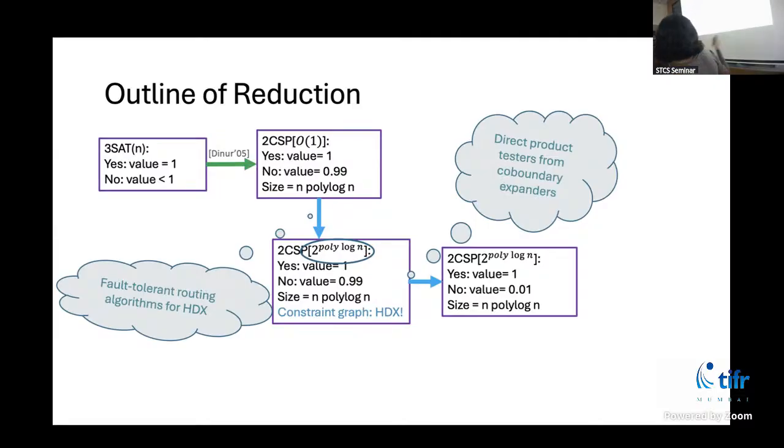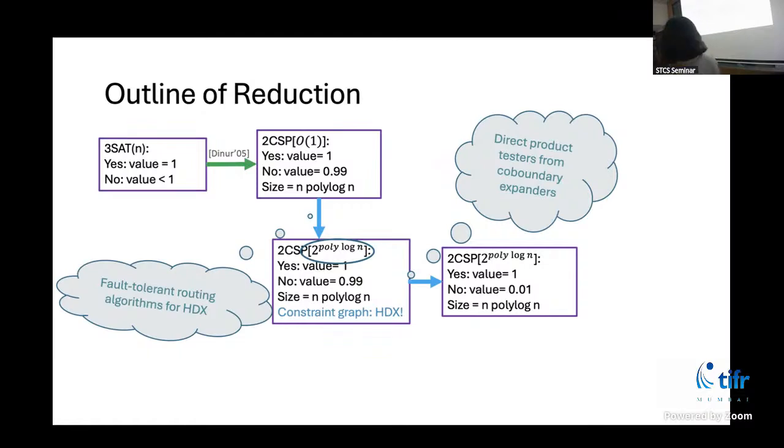Since there's not too much time left, I'll just mention that earlier works used routing algorithms to change the structure of your 2-CSP. The issue there was that they made the value become 1 minus 1 over log n in the no case, and then we can no longer use this.